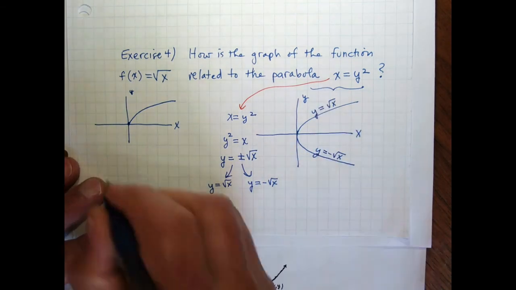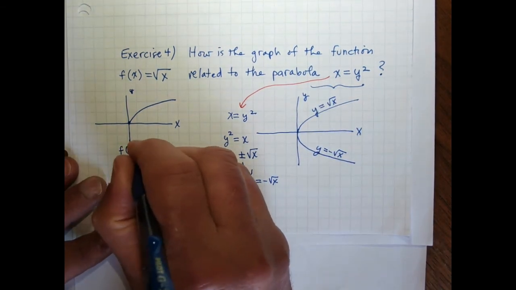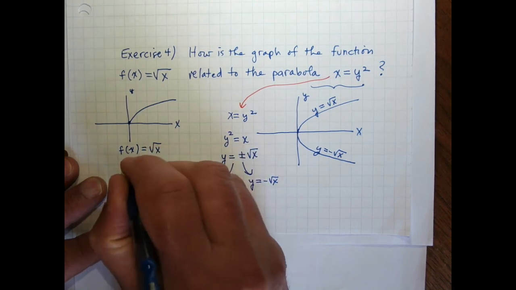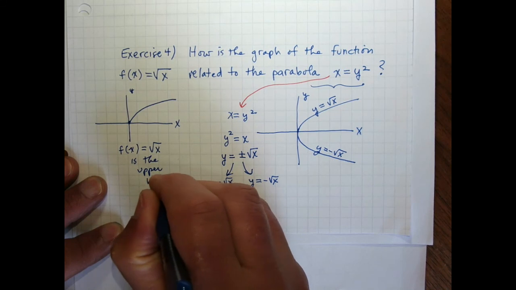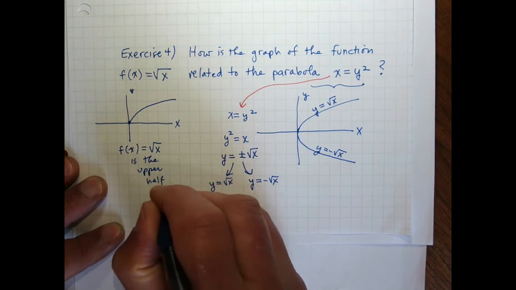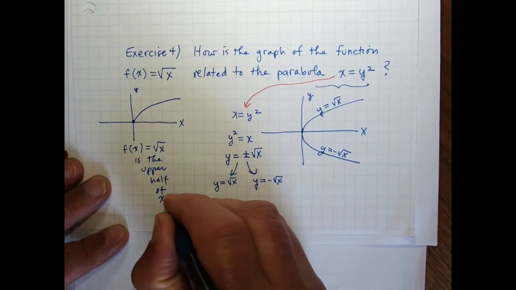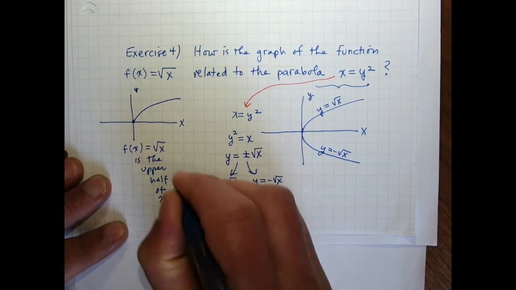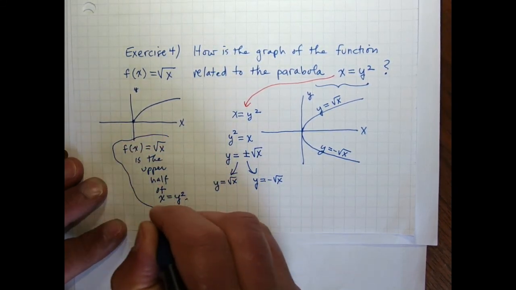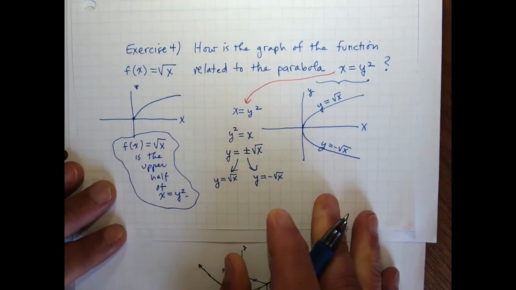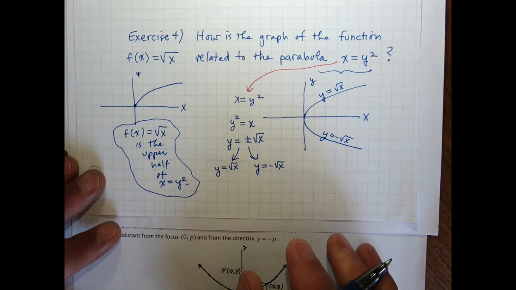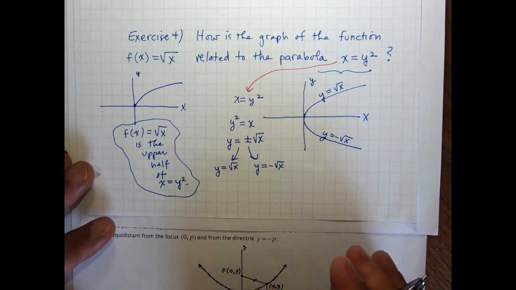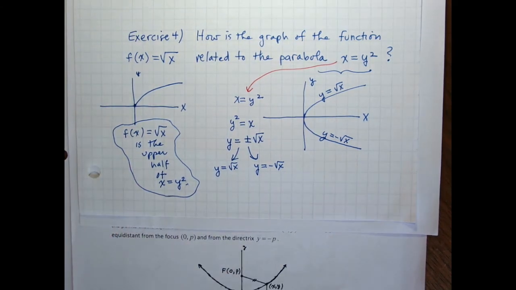So f of x equals the square root of x is the upper half of the graph of x equals y squared. So we just wanted to circle back to that square root function and think about how those square root functions are halves of parabolas. That's the end of our exercises for this section.